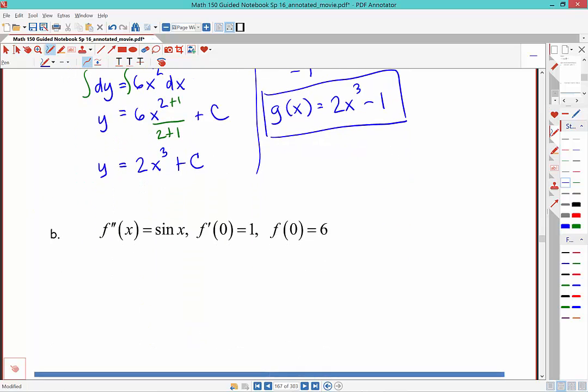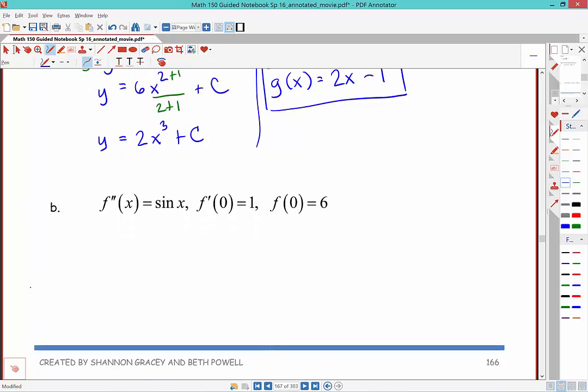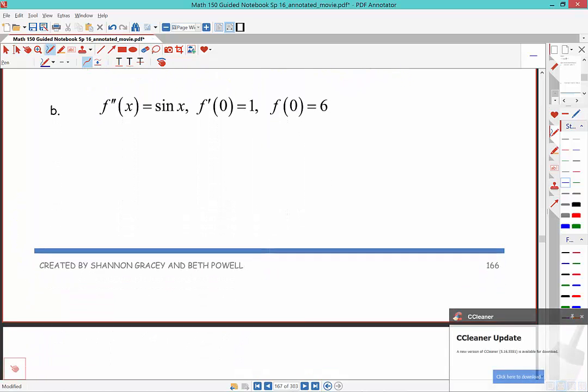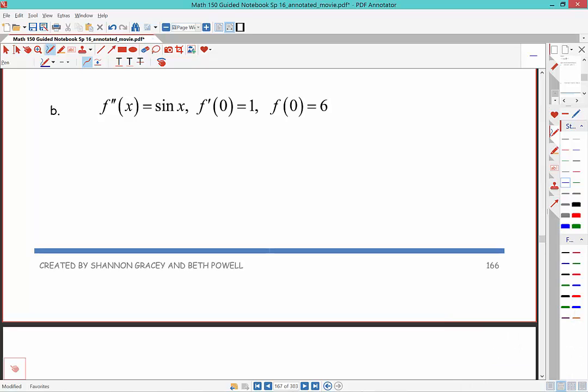All right, so now what do we have? We've got a second derivative of f at x is sine of x, f prime at 0 is 1, and f at 0 is 6. So here we go. Let's take a look at this. This ends up being d squared y over dx squared is sine of x.